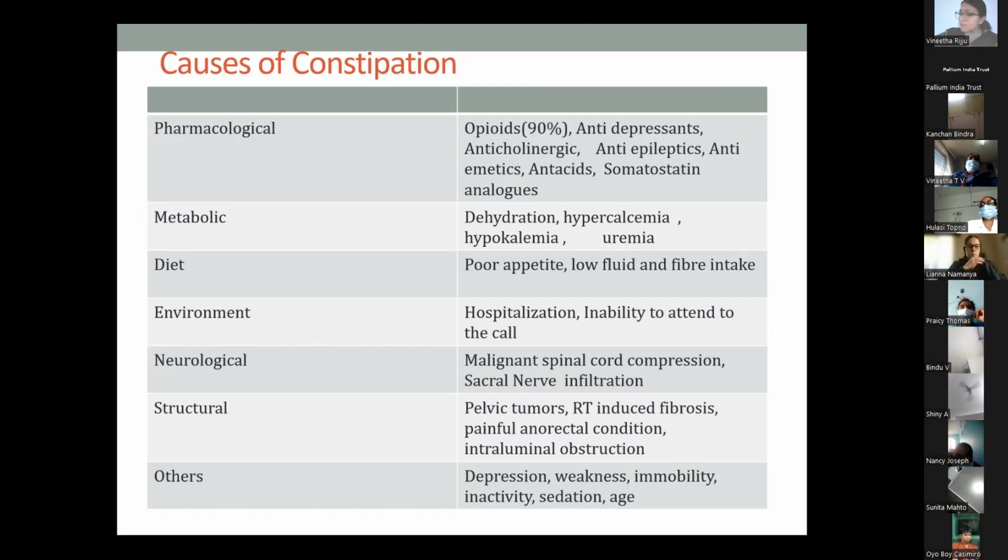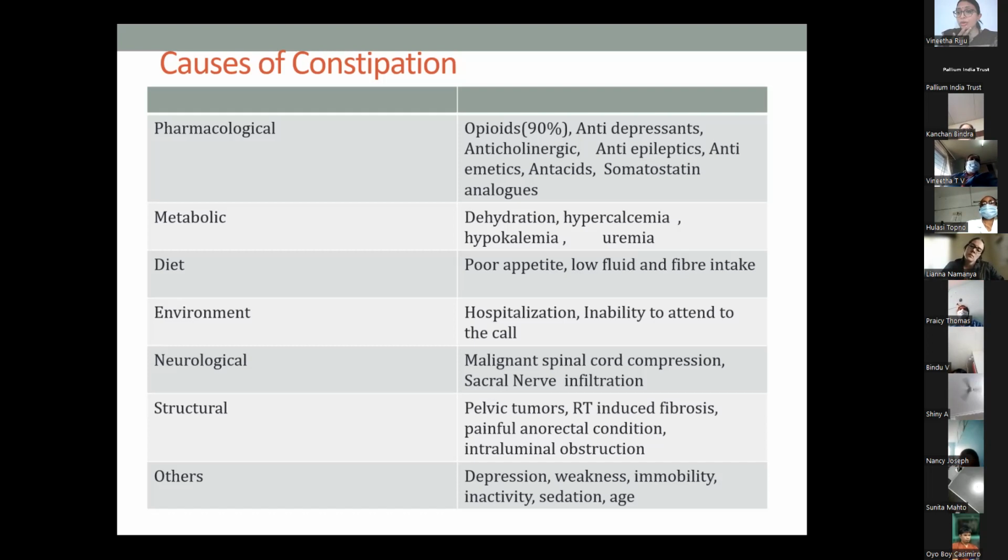Environment. What if this patient is hospitalized in the ward, unable to get up from the bed and go to the washroom? So maybe a commode, a stool is kept near the bed of the patient, and the patient is having to open his bowels in the middle of the ward. Will he be able to do that?